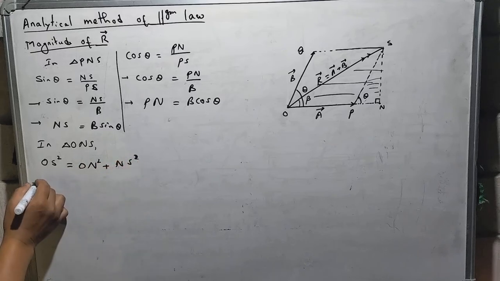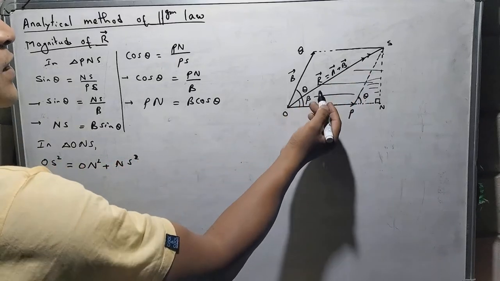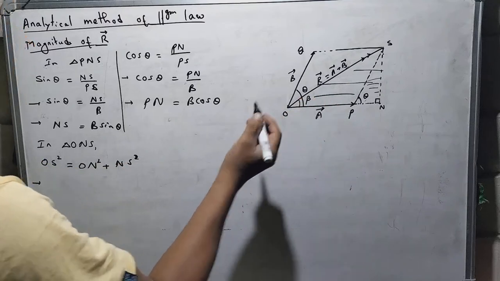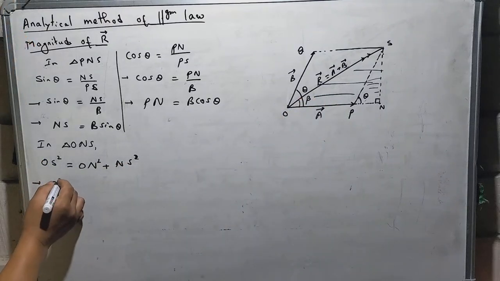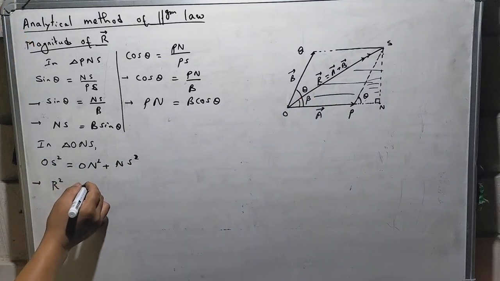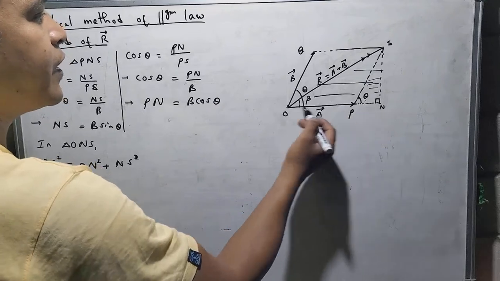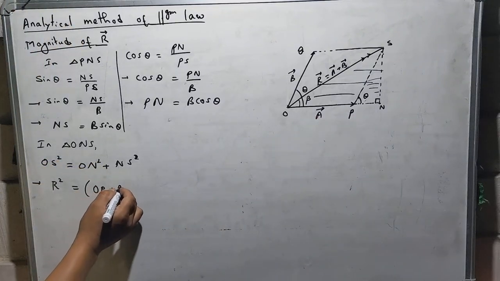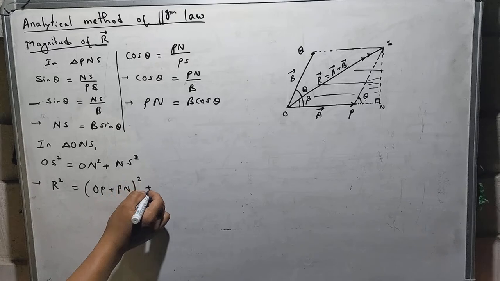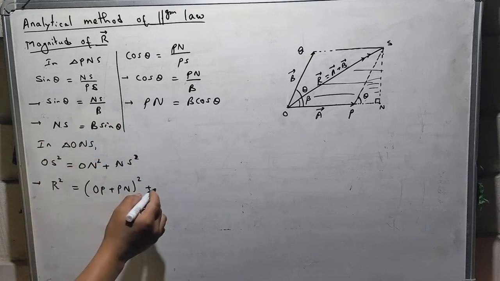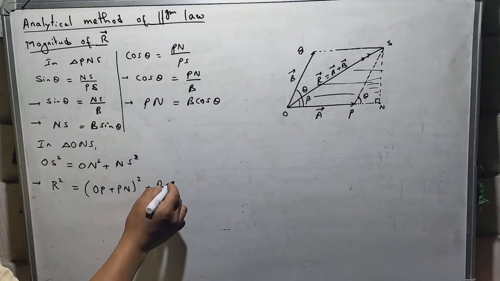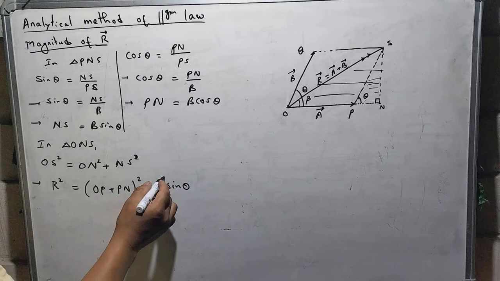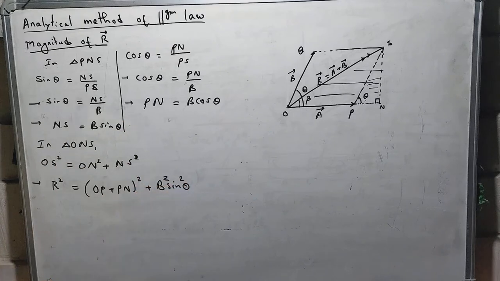How much is OS? OS is the vector R. So in magnitude, R square is equal to ON, and instead of ON, I'll write OP plus PN, whole thing square, plus NS, which is equal to B sine theta, and when you square it, you get B square sine square theta.